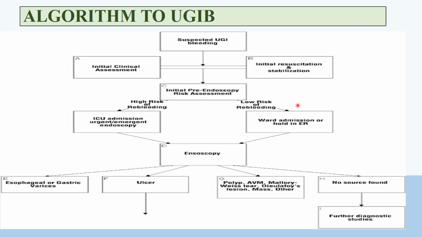Whereas if there is less risk of rebleeding, the patient can stay in the ward, and a planned endoscopy or colonoscopy can be undertaken. Esophageal or gastric varices, ulcers, polyp, AV malformation, and mass or other things are possible findings which we can pick up on colonoscopy and gastroscopy. If no source is found, more sophisticated tests have to be done.